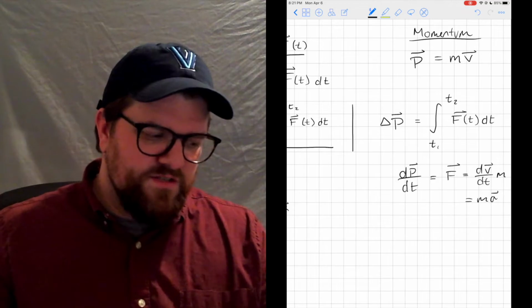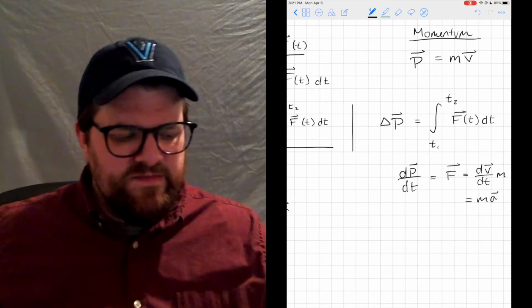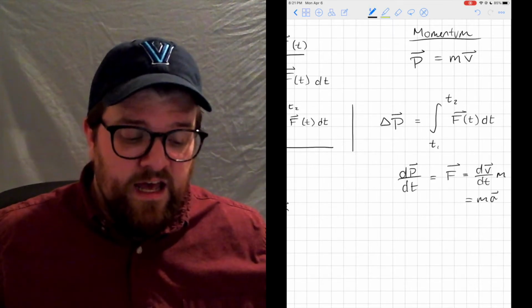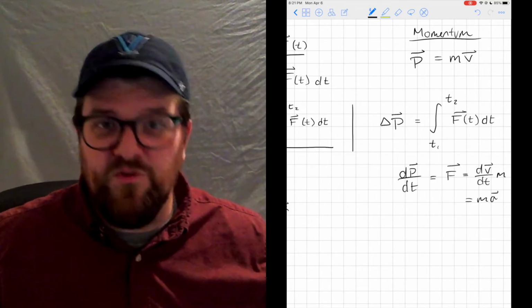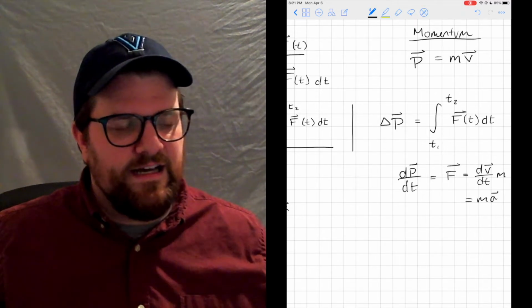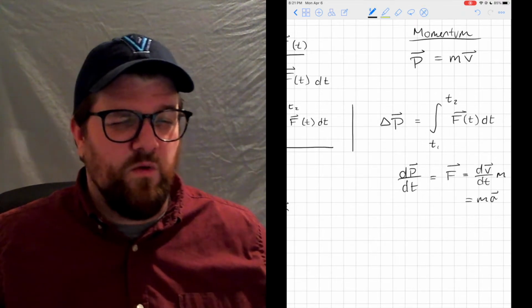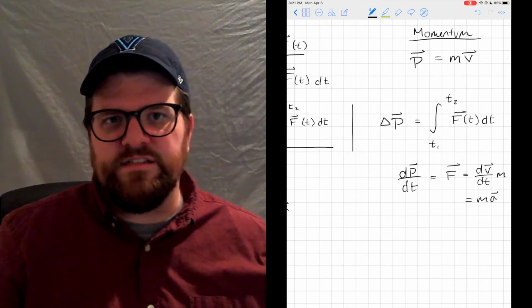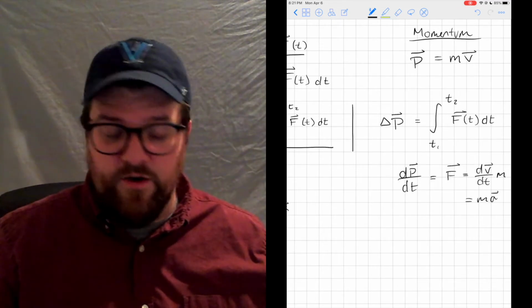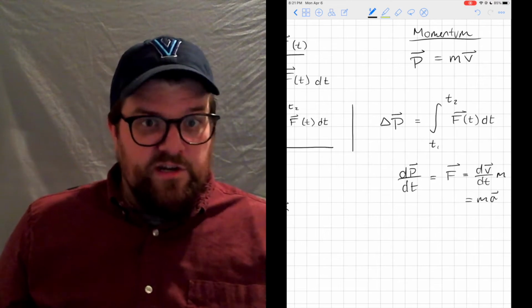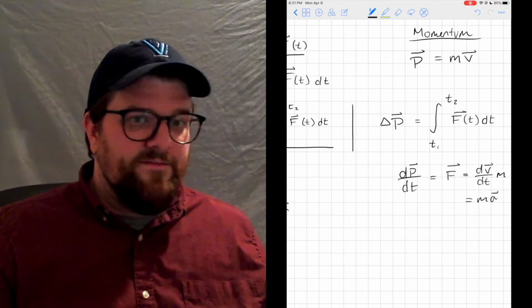Now here's a question: can a car and a baseball have the same momentum? The answer is yes, depending on how fast they're moving. If you think about a car moving at about 12 meters per second, that's about 25 miles per hour-ish, and the mass of a car is about 1,300 kilograms on average. Well, a baseball is on average only about 145 grams.